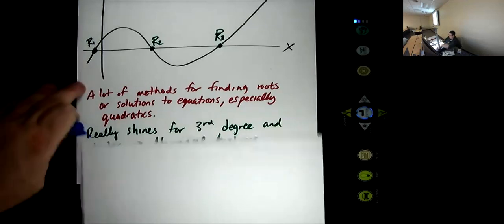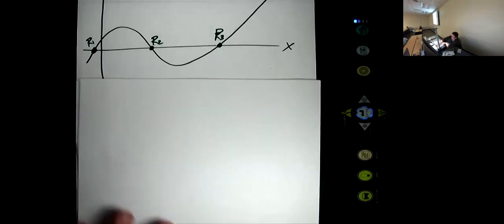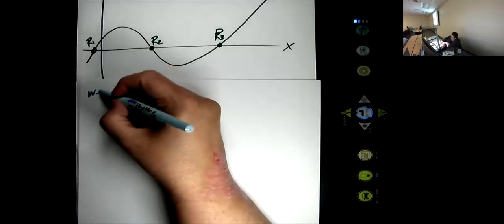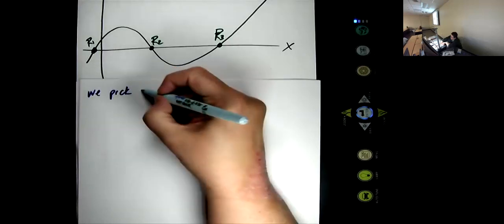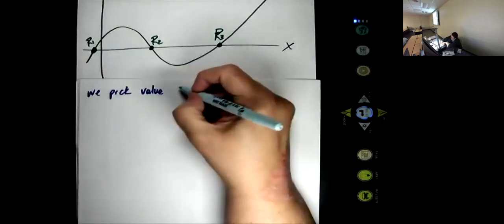Okay, so we pick a value that's close to a root by testing points.